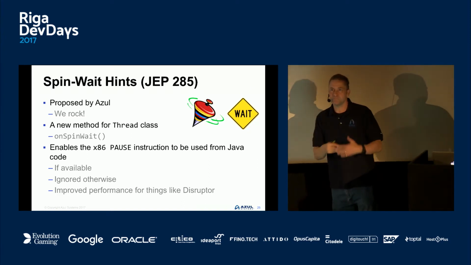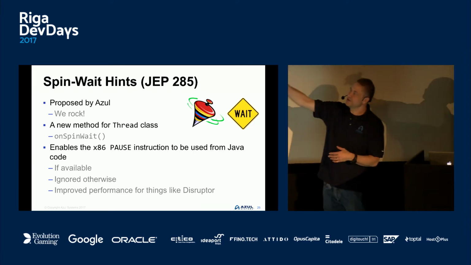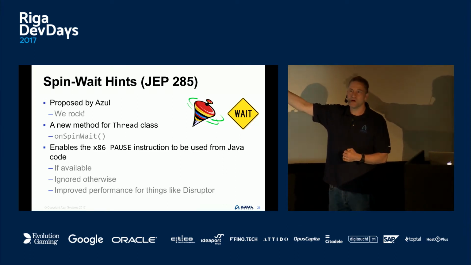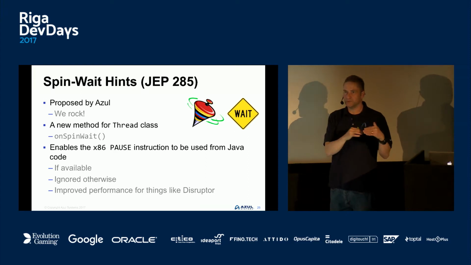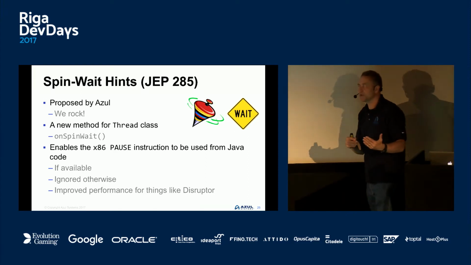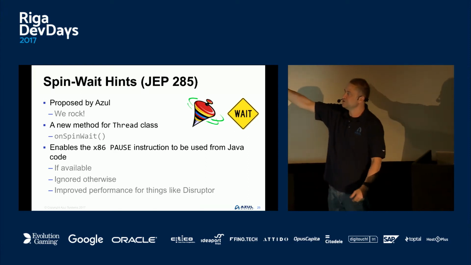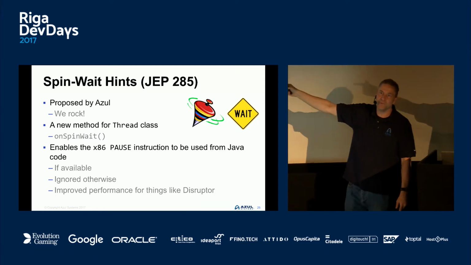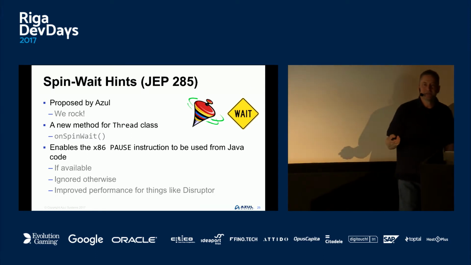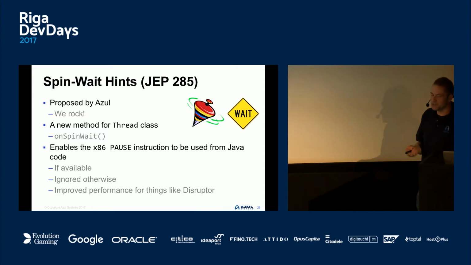If the JVM supports this and the hardware underneath supports it as well, then it can do some things to improve performance of your application. So if we look at things like the Disruptor pattern from LMAX, then this does actually benefit quite a lot from this particular piece of code.